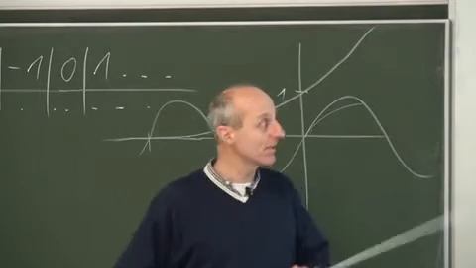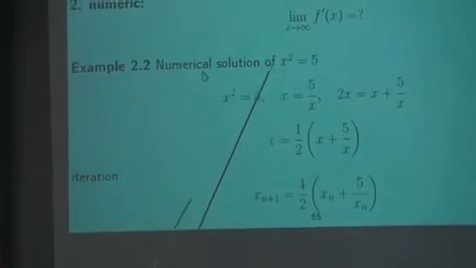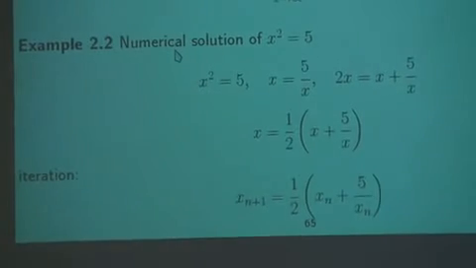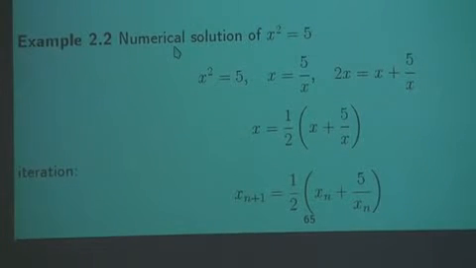Here we have another nice example for a numerical calculation. We have this equation x squared equal to 5, and this equation has two roots, which are the square root of 5 and the negative square root of 5.